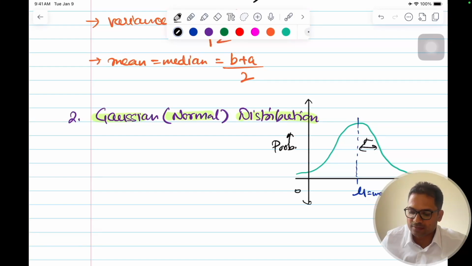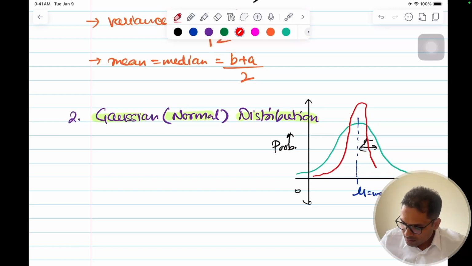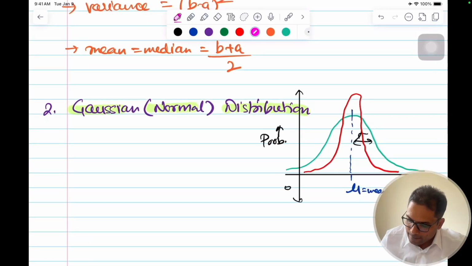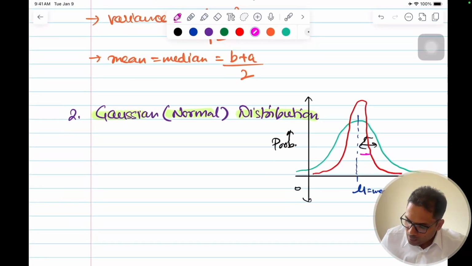This is our standard deviation, this distance here. If it is very close, it can be very thin also. Then we know that the spread is very small. Here, the sigma is less, the standard deviation is less, everything is very close to the mean.